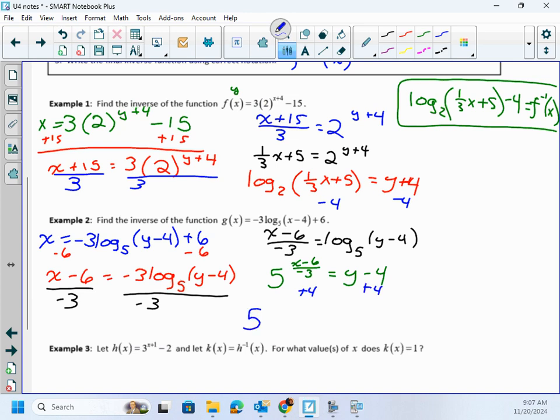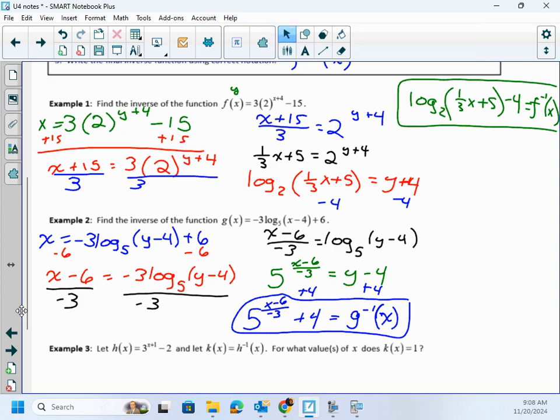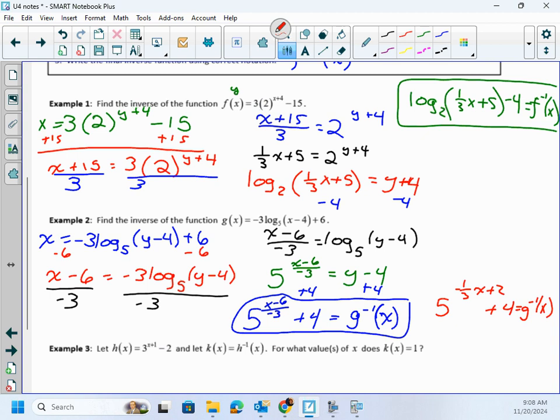So it becomes 5 to the x minus 6 over negative 3 plus 4 equals, and this was y, but I'm going to make this g to the negative 1 of x, because that's the proper notation. By the way, if you wanted to, you could write this as 5 to the negative 1/3 x plus 2 plus 4 equals g to the negative 1 of x. That's the other way to write this.